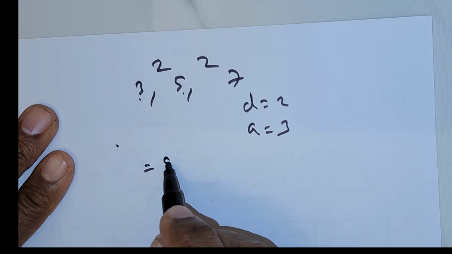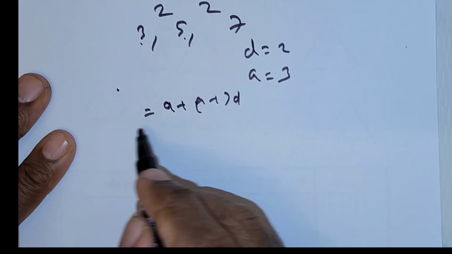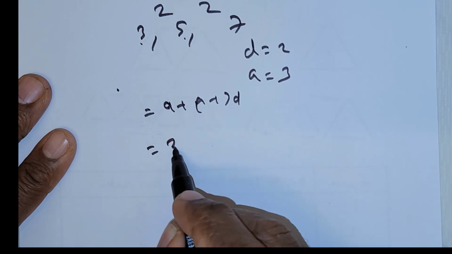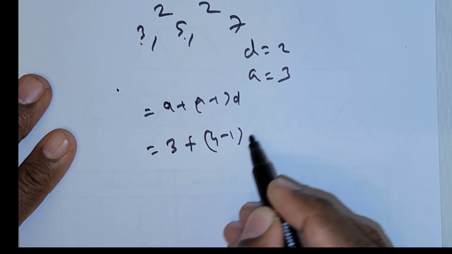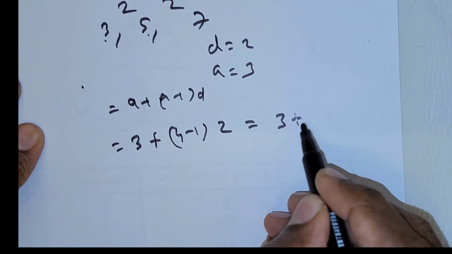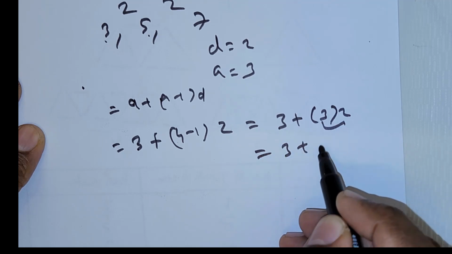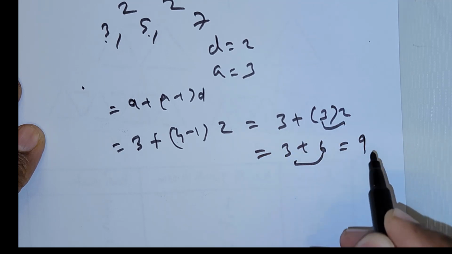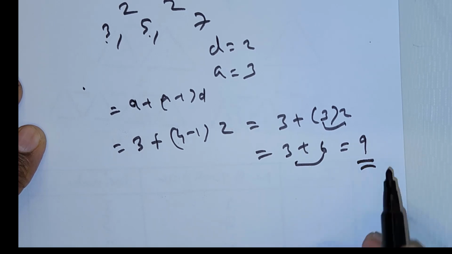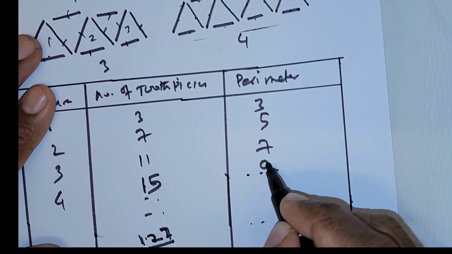The formula is a plus (n minus 1) times d. For the fourth position, it's going to be 3 plus (4 minus 1) times 2, which is 3 plus 3 times 2, which is 6. 6 added with 3 is 9. So 9 is going to be the answer.